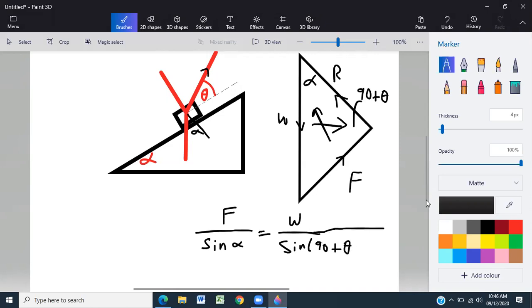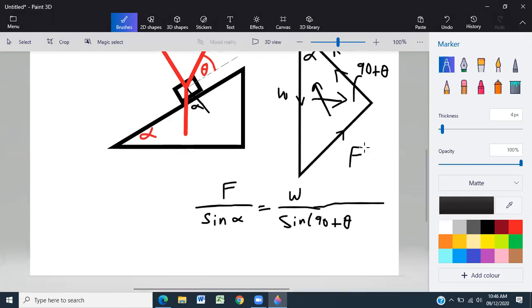Solving for f, we end up with this, right? F is equal to W sine alpha divided by sine of 90 plus theta.